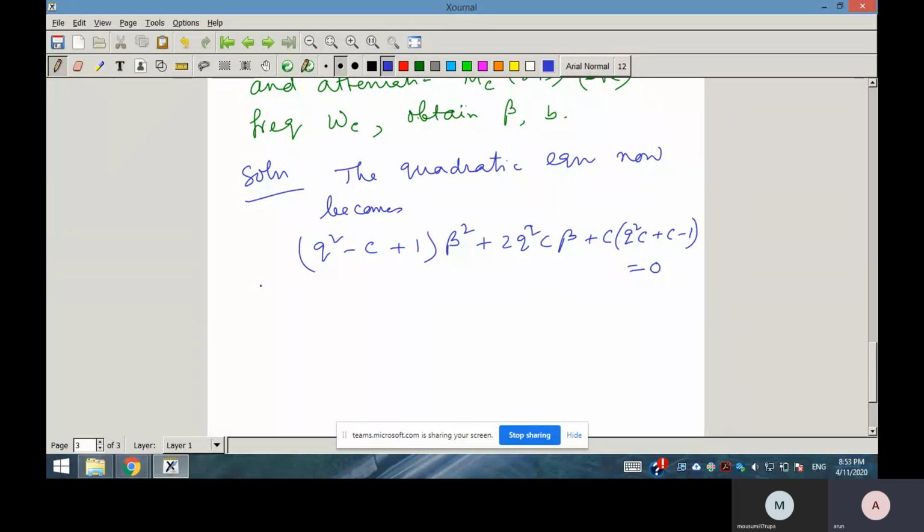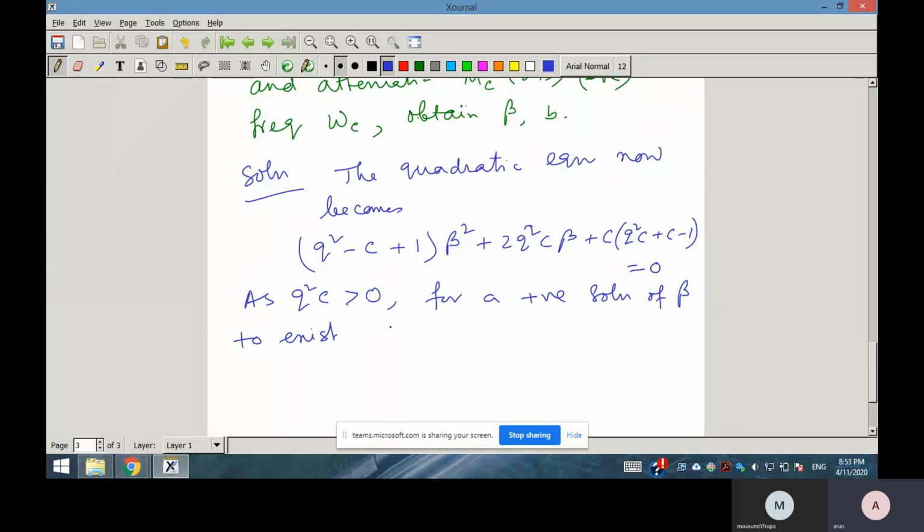Now, similar to the earlier one in case of lead controller, as here Q square C is greater than 0, for a positive solution of beta to exist, what is the condition?